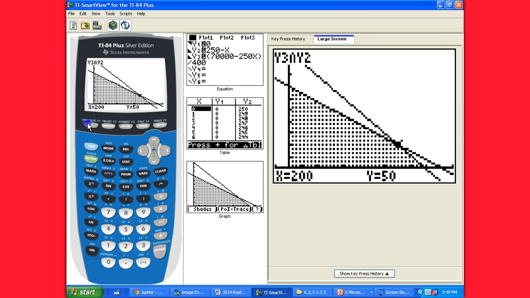All right, so let's go to y equals, and we want to put those inequalities in. We played around with this the other day, but let's do that again.